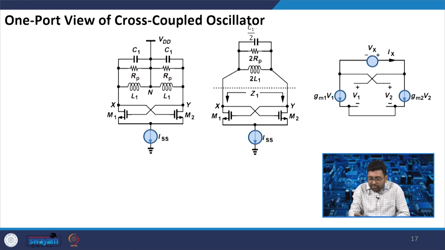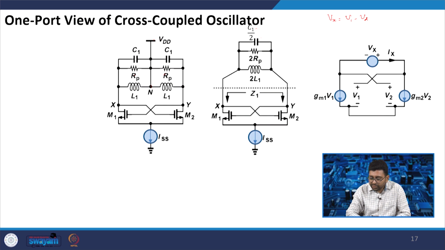If you try to find the Z1 impedance, here Vx is equal to V1 minus V2.